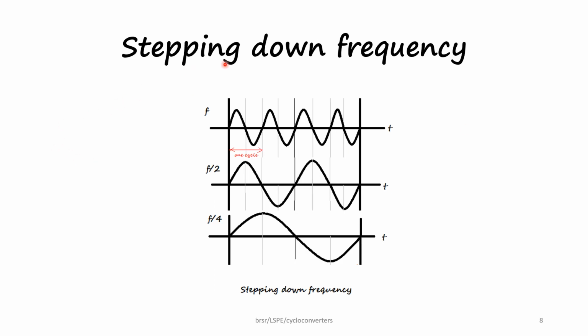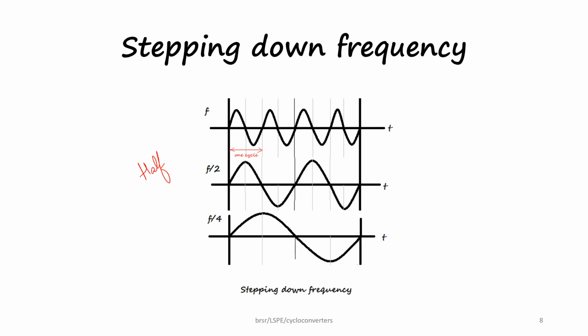Stepping down frequency: in the first picture we see that there are four cycles in a time period, and the time for one cycle is very less. Now in the second picture, in the same time period we have just two cycles. That means from the initial frequency, this has become half.